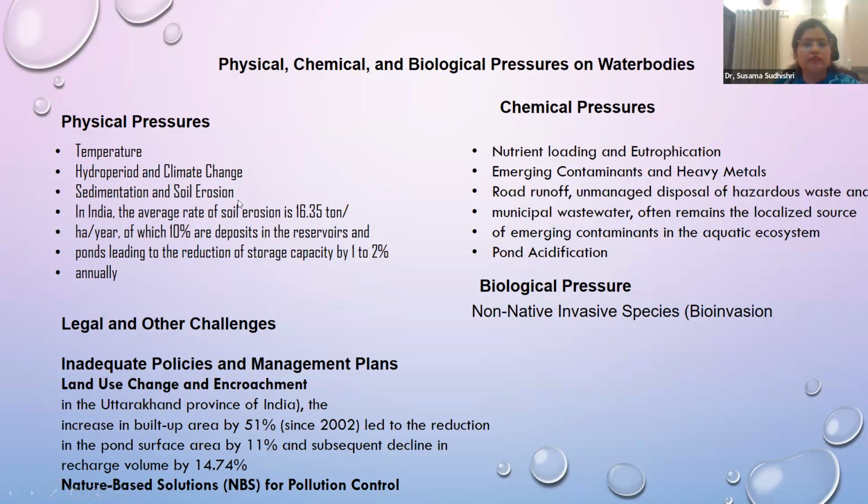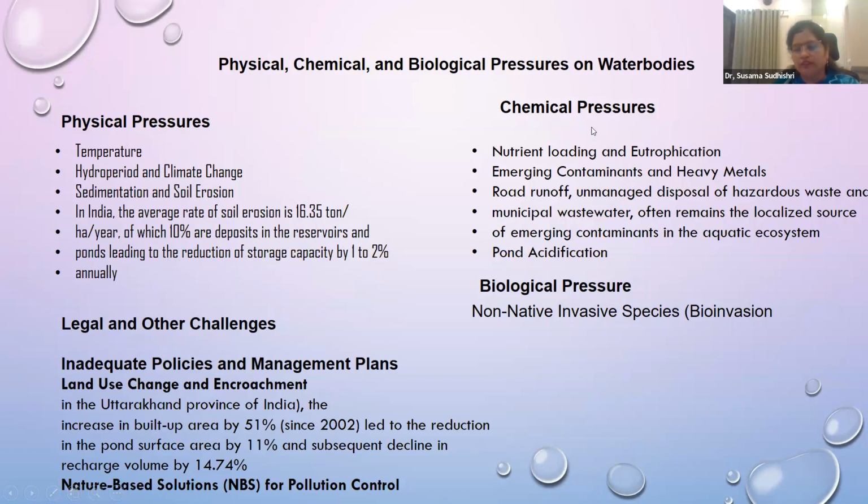Then sedimentation and soil erosion. If you look at India, there is soil erosion of about 16.35 tons per hectare per year, and there is 10% deposit in the reservoirs. That data everyone knows about. But what I am emphasizing here is the physical pressure in the dam.